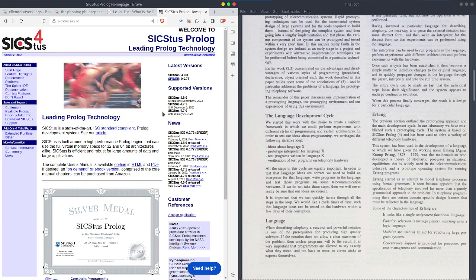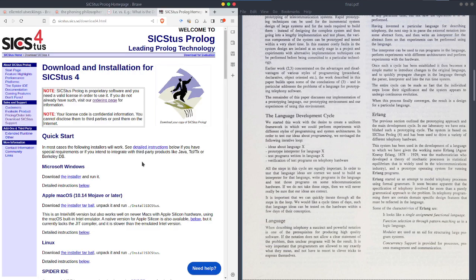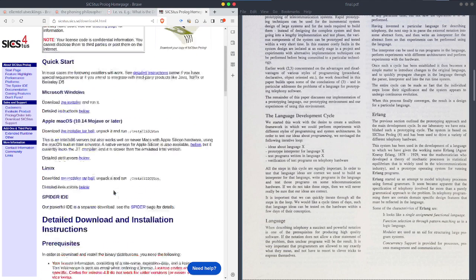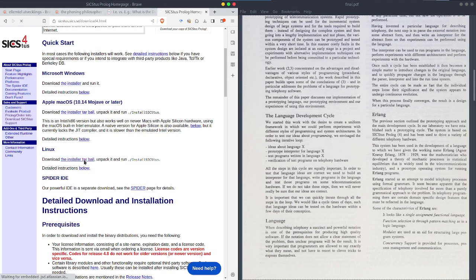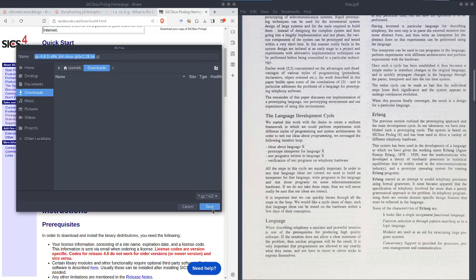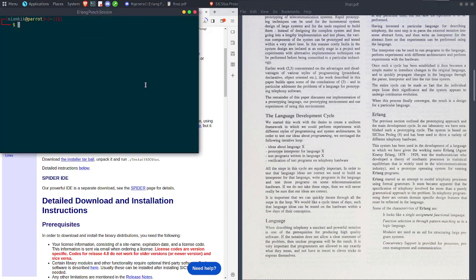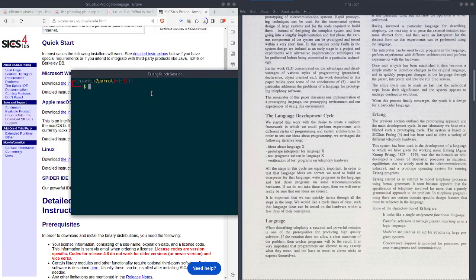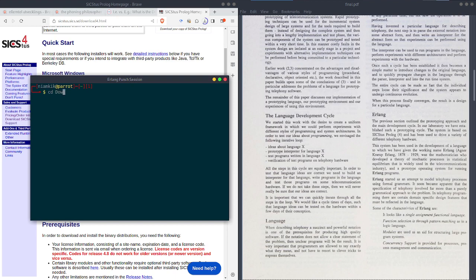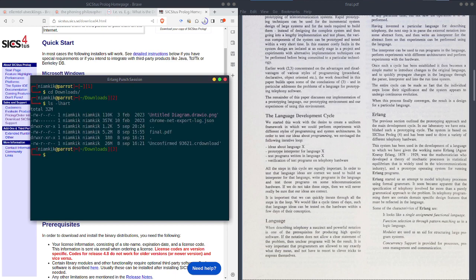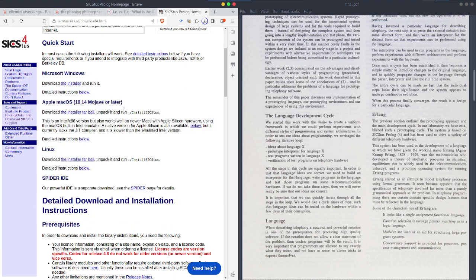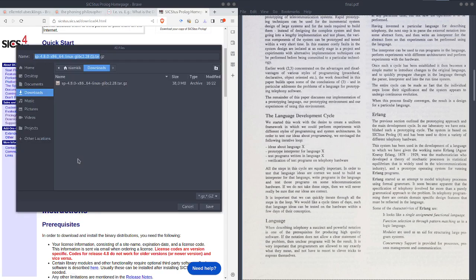Start page, documentation, download. I want to try that.